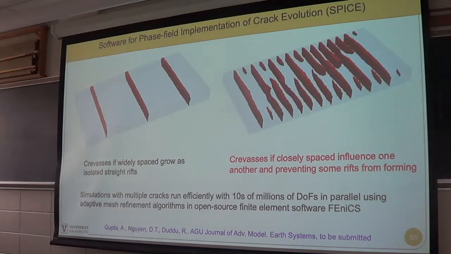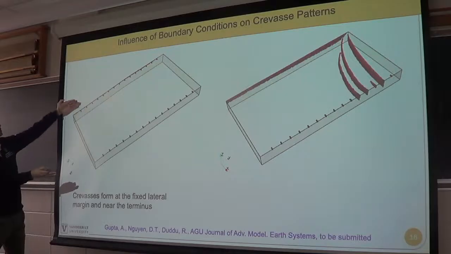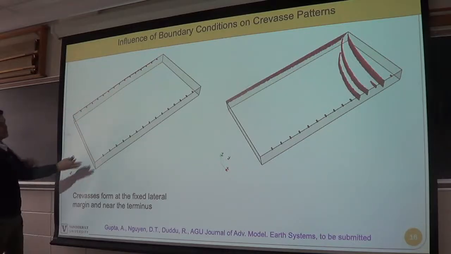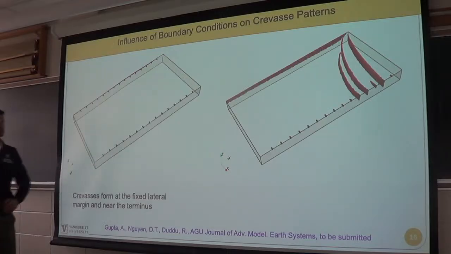And then we proceeded forward to set up more simulations where we want to look at these boundary condition effects. So in the previous case, the lateral margins were just free. That means they were freely sliding. But now I have the same domain, but I'm fixing the back surface and keeping this one free slip on the front surface, right?